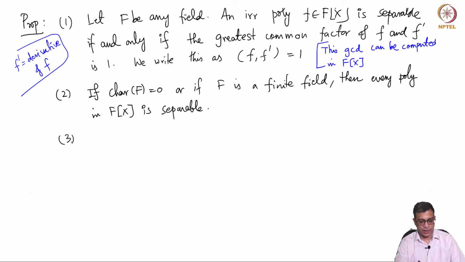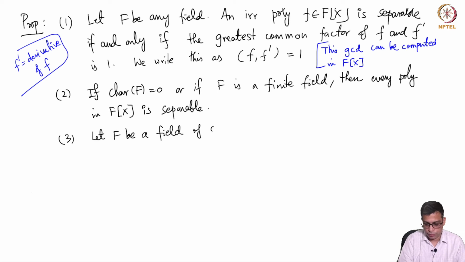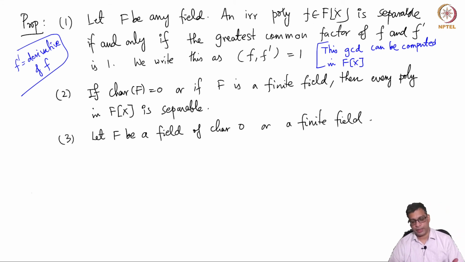And the third statement is an immediate consequence of 2, but I want to write this because it's useful to keep this in mind. Let F be a field of characteristic 0 or a finite field. So F is either a characteristic 0 field or it's a finite field.